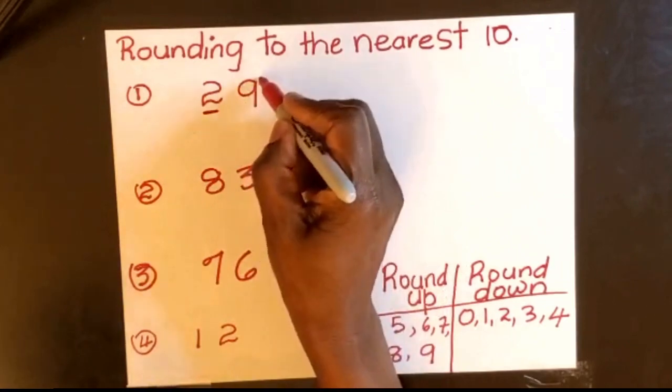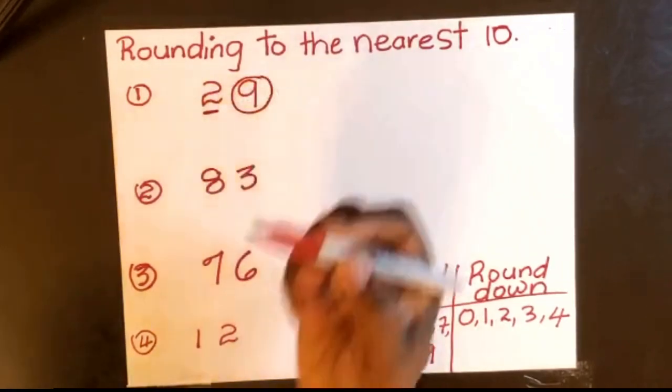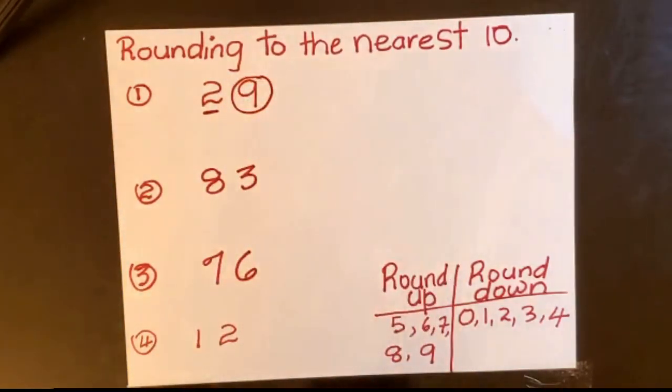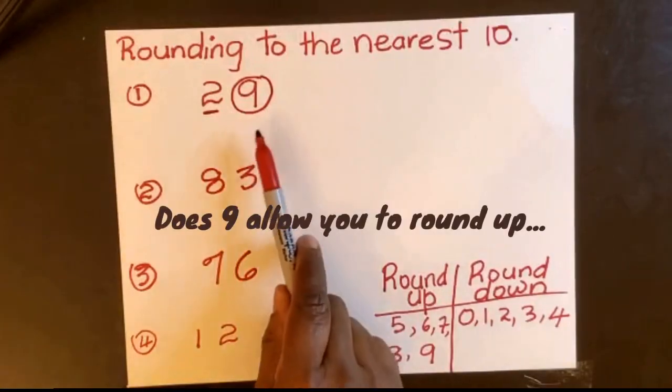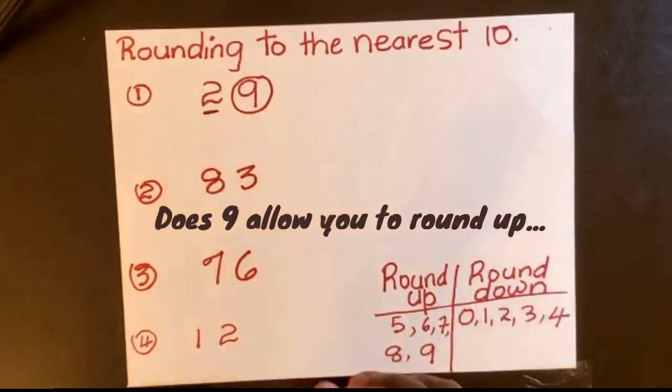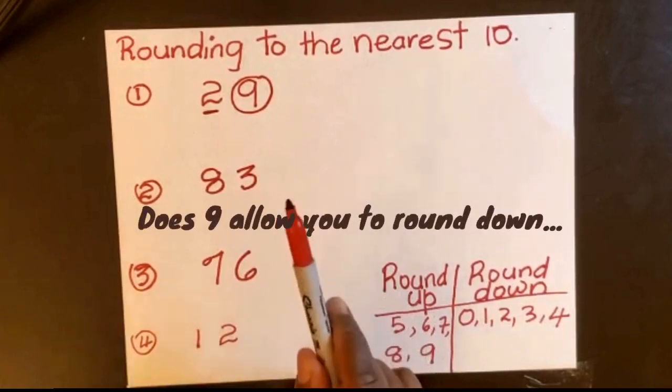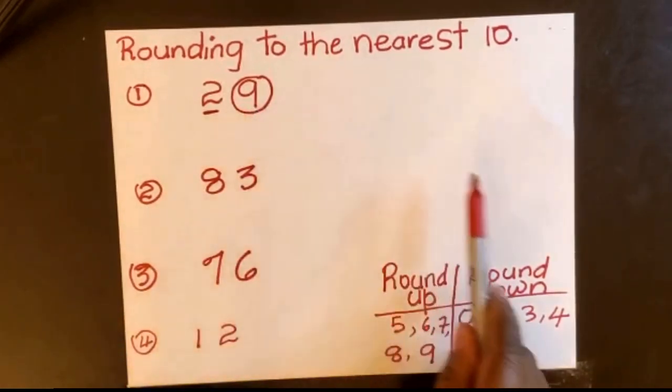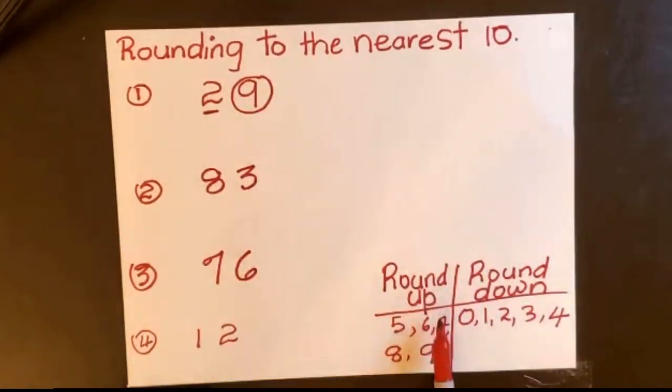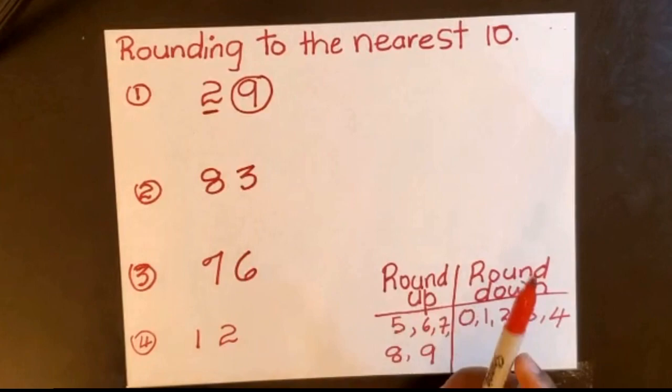So you're going to circle the ones place. Now you're going to ask yourself the question, does 9 allow you to round up or does it allow you to round down? Now 9 is in the round up column, so it's definitely going to allow you to round up.